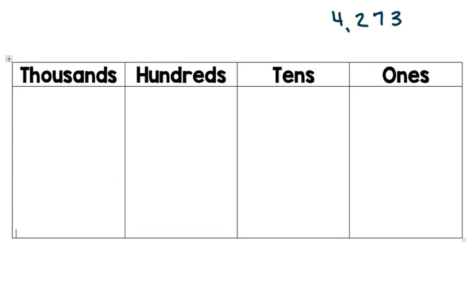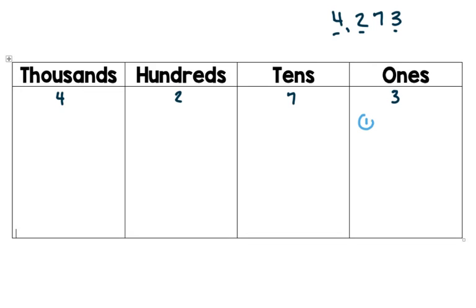I'm going to put these numbers in the correct column. I put a 3 in the ones. I have 7 tens. I have 2 hundreds. And I have 4 thousands. So that number is 4,273.